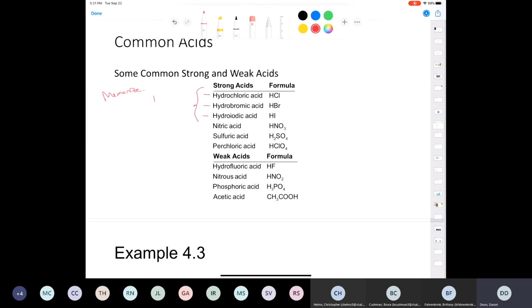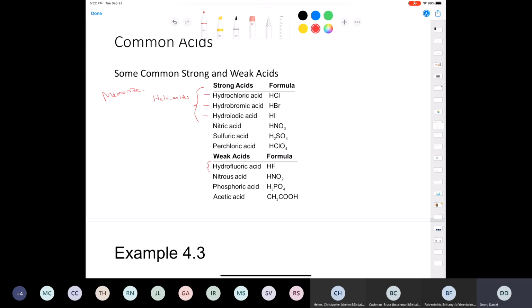You notice that all of these are halo acids, right? They are all hydrogen bound to a halogen. So it might be a knee-jerk reaction to think that hydrofluoric acid would be a strong acid, but in fact, hydrofluoric acid is a very weak acid. It's a dangerous acid, super dangerous, to the point where I don't even think I'd work with it. But hydrofluoric acid is weak.